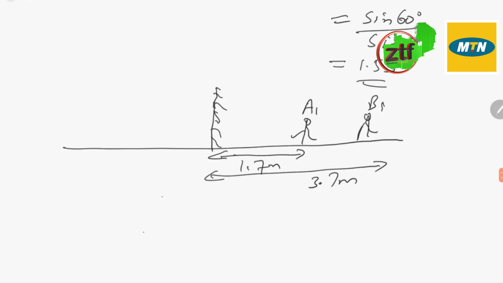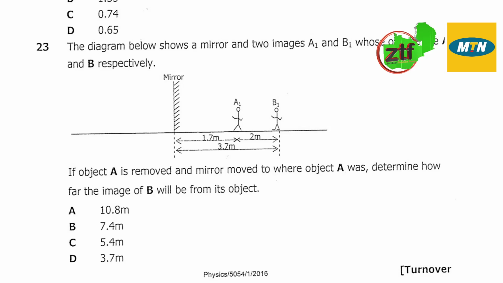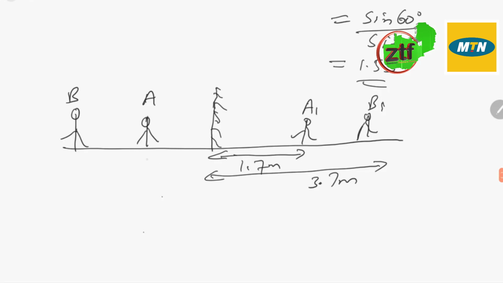From this first diagram, we can tell that the first object A is here, the other object B is here, and the distances must be the same. So the distance from here to here should be 1.7 meters, and this distance also should be 3.7 meters. So we have this scenario now.